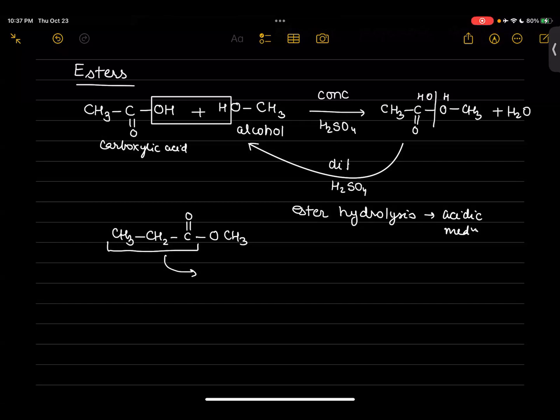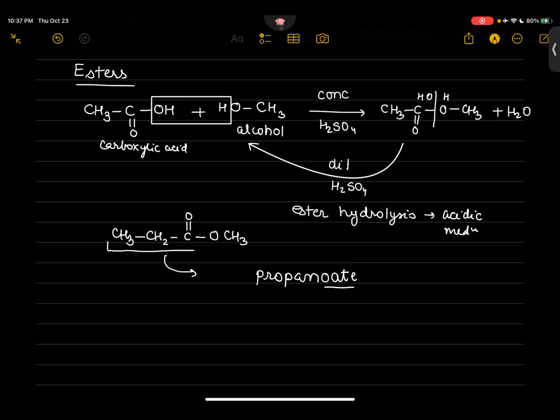Accordingly, you should put the word root, prop, and then oate. This is the suffix for esters, oate. Got it? Like the suffix for carboxylic acid was oic acid, the suffix for ester is oate.